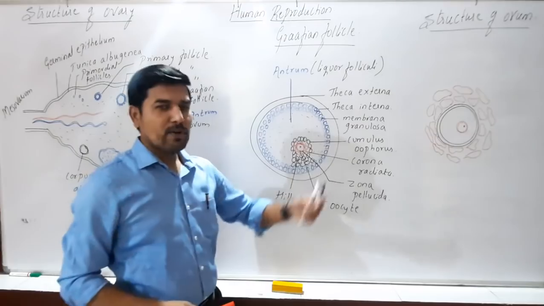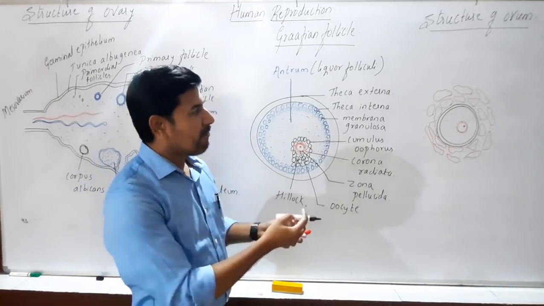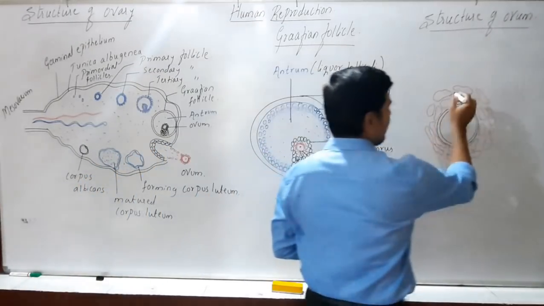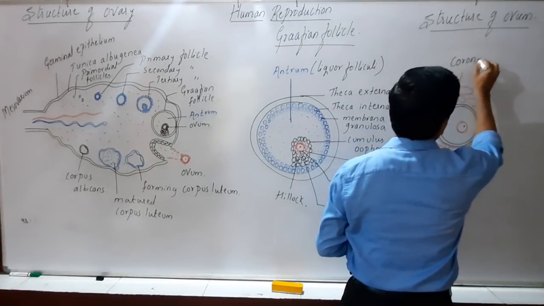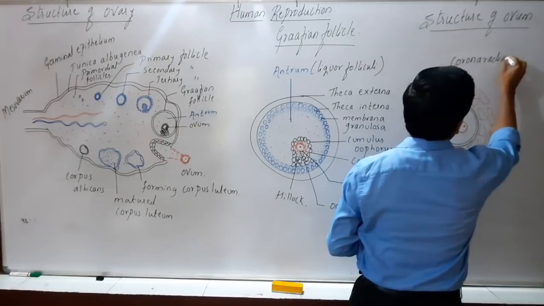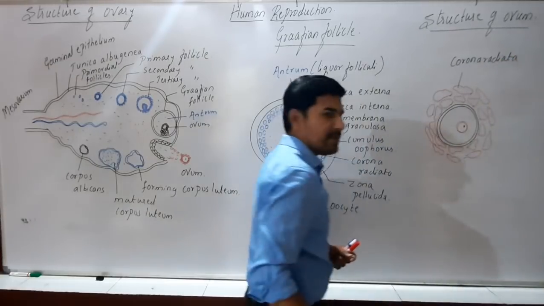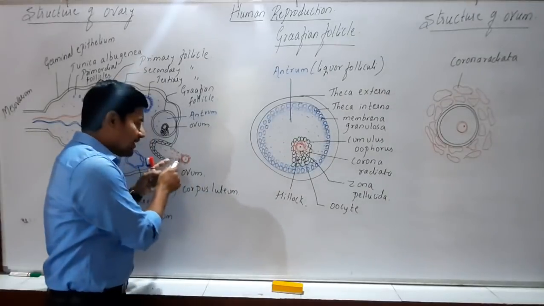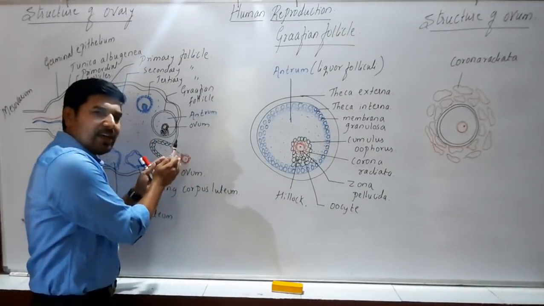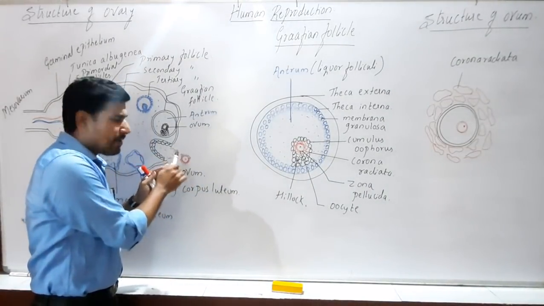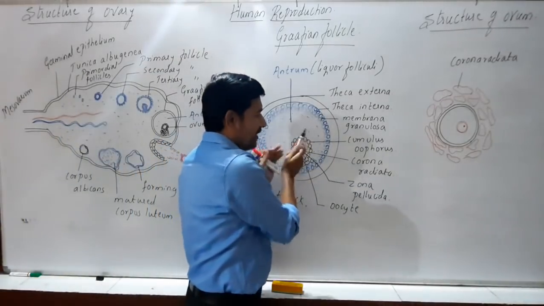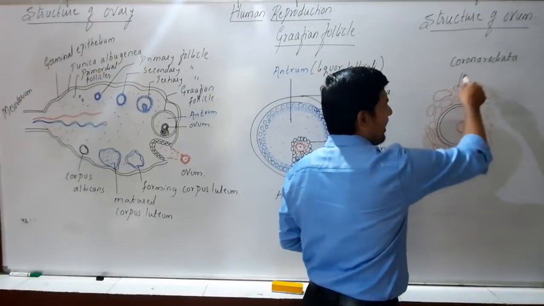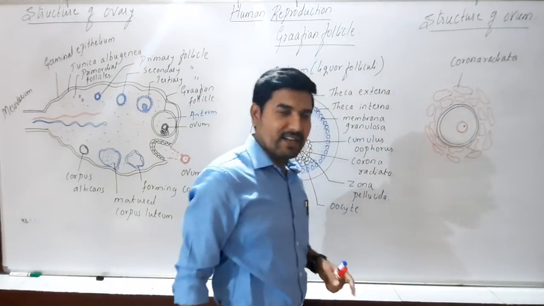Now if we look at its labelings, these cells are called corona radiata cells. After ovulation, when the ovum is released, the oocyte is not released alone, but with a few cell layers. The outer layer is the corona radiata cells.